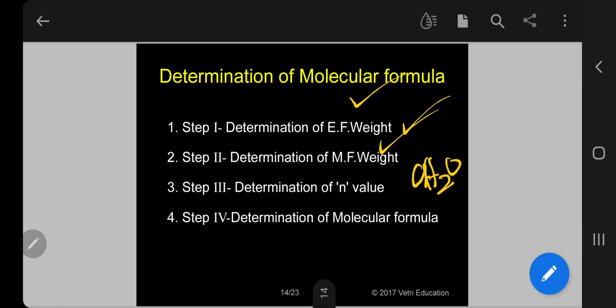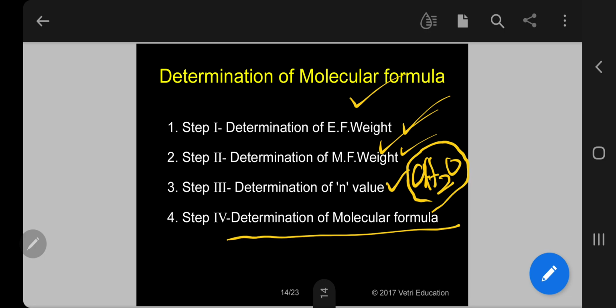Actually, the molecular formula weight is already given as 180 in the problem, so this is known. Then determine the N value, and from the N value, we can determine the molecular formula by simply multiplying the empirical formula by the N value.